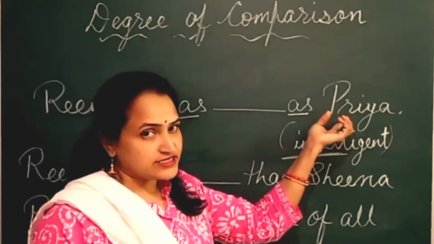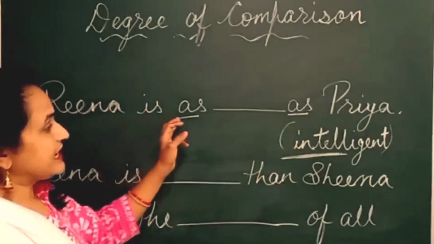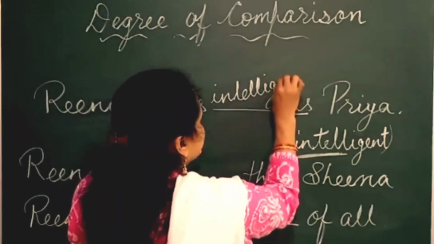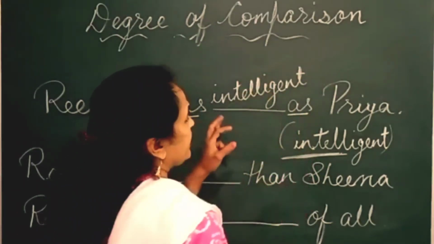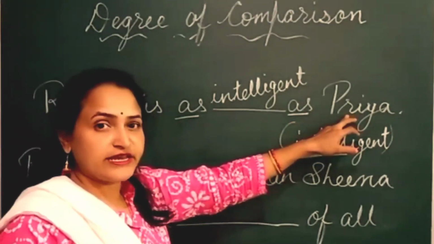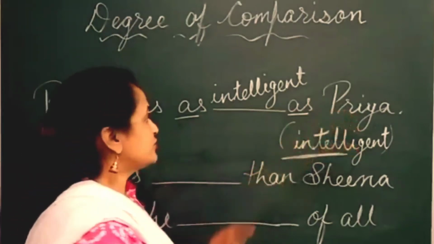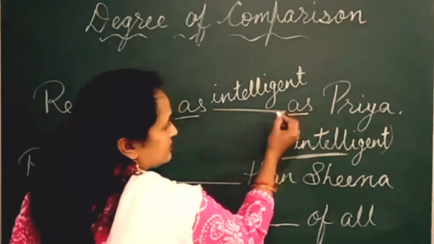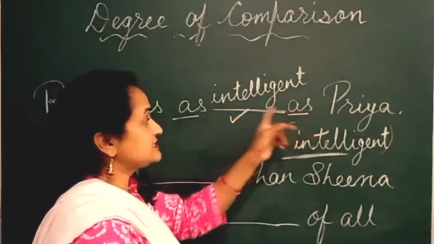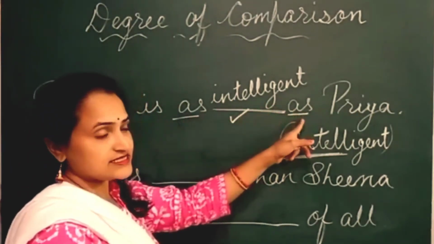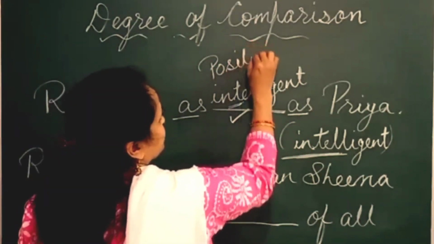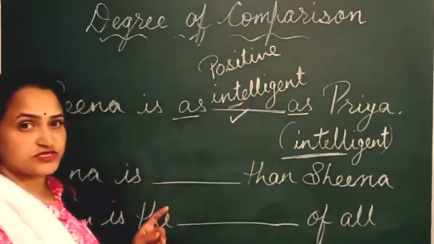So Reena is as intelligent as Priya. Reena is as intelligent as Priya. So when "as" is there before and after the blank, on both sides, we always use the positive degree.